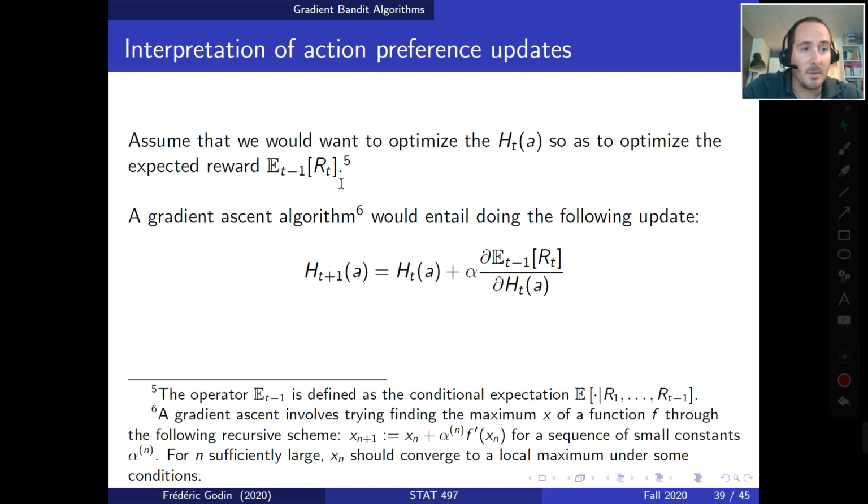I'm not sure if everybody in the class is familiar with that, but the idea is that when you calculate the gradient of a function at some point, the gradient gives you the direction in which the function increases the fastest.